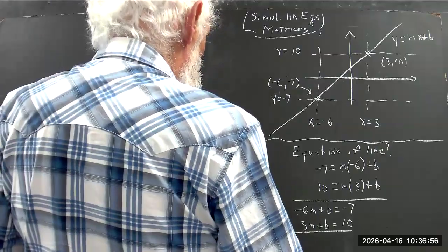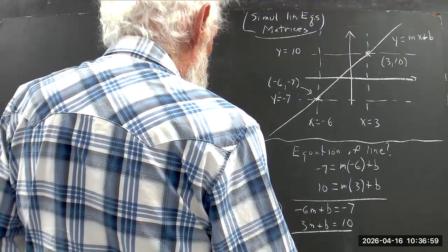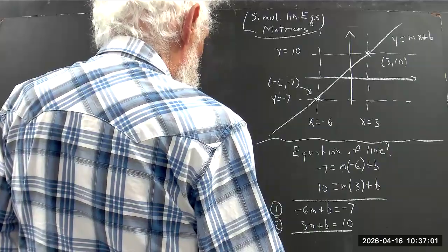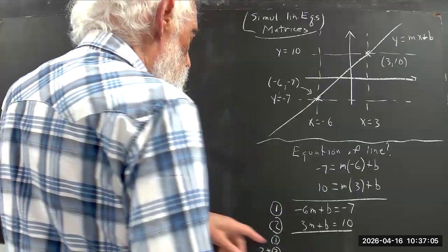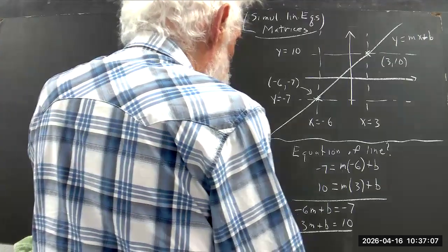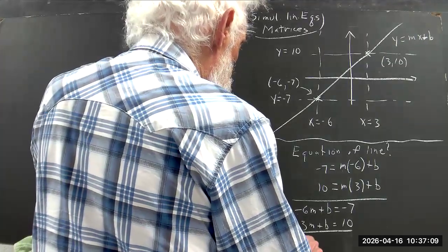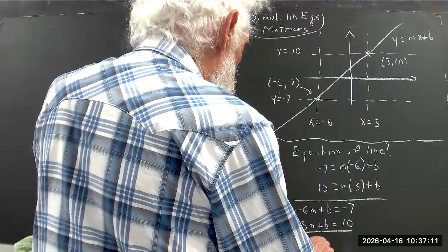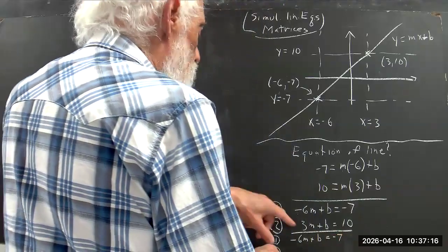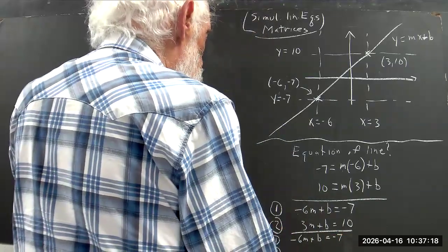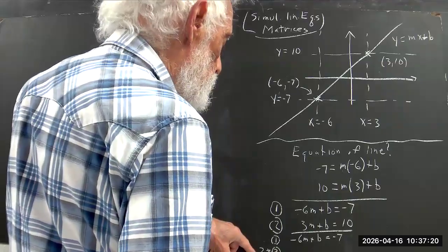In order to do that, I want to write the first equation down again, and then write 2 times the second equation. So first, I'm just going to copy the first equation down: -6m plus b equals -7. The second equation, I'm going to multiply through by 2.